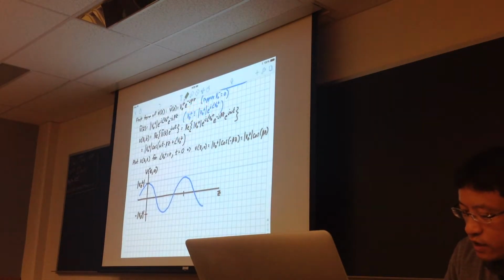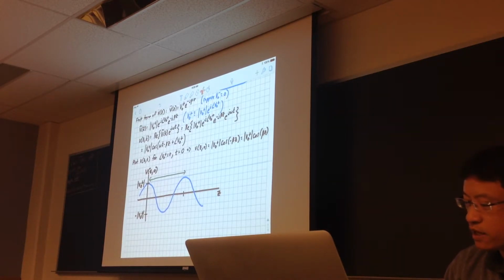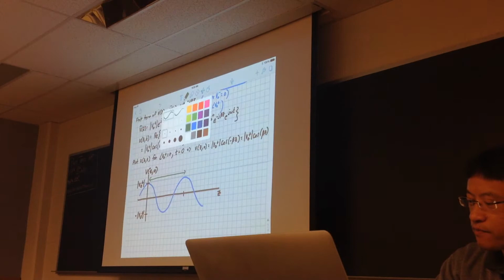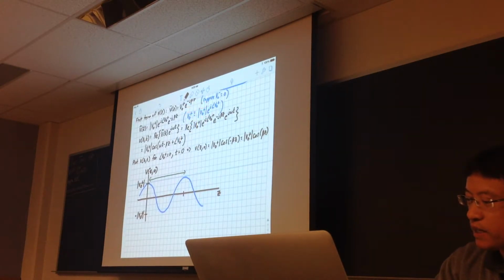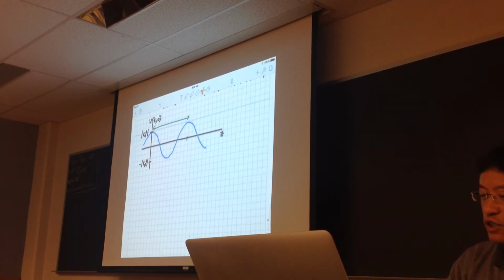If we look at peak to peak, this wave is repeating every time the cosine repeats. Now the cosine is periodic in 2 pi. So when beta z is 2 pi, 4 pi, etc., then the wave just comes back to its initial value.